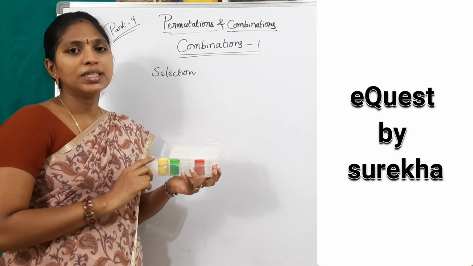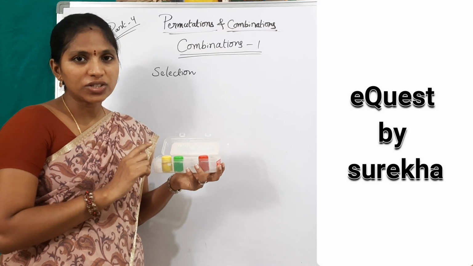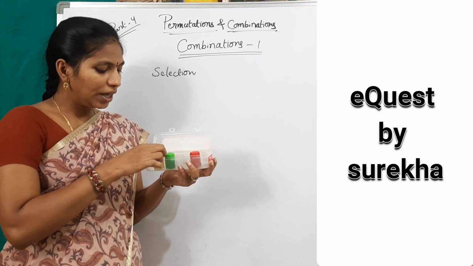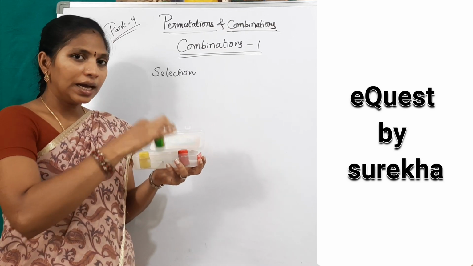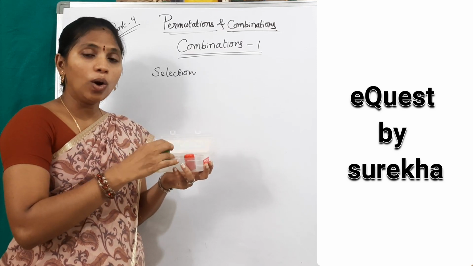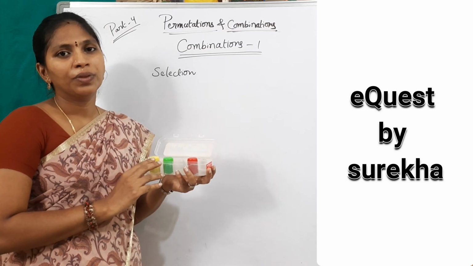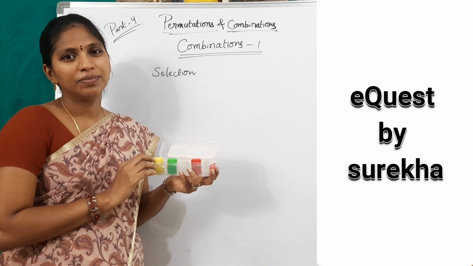In combinations, order is not important. That's why here yellow, green is equal to green, yellow. But in the permutations concept, that is different.